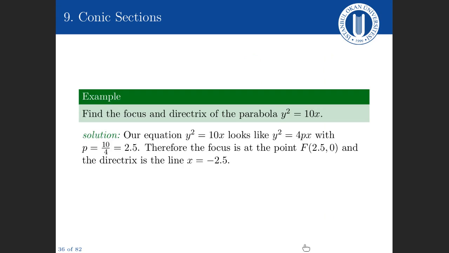For example, find the focus and the directrix of y squared is equal to 10x. We have the equation y squared is equal to 10x. Out of previous examples, it looks like y squared is equal to 4px, but with p equal to 2.5.